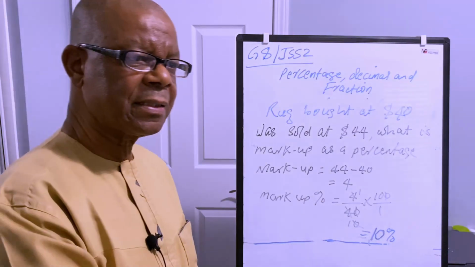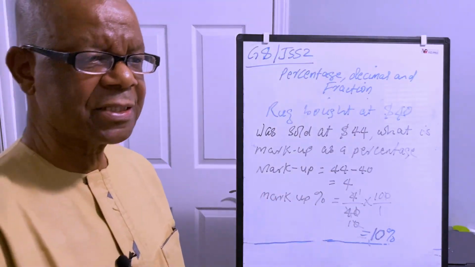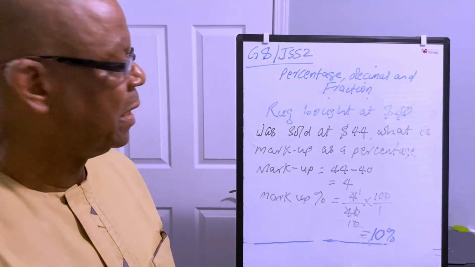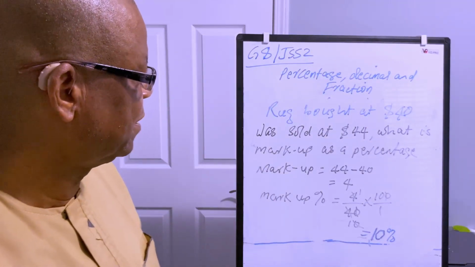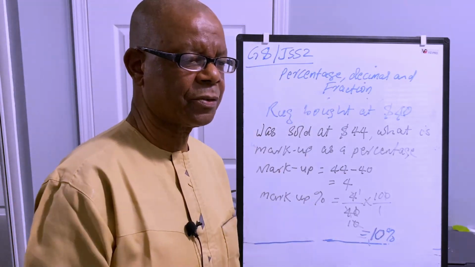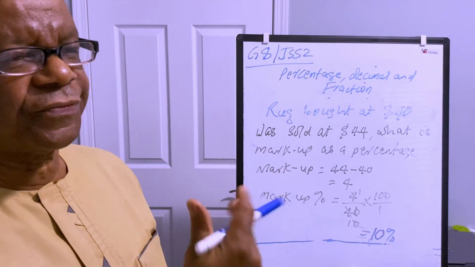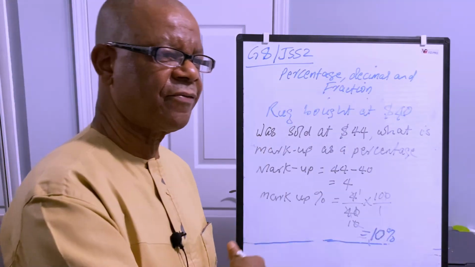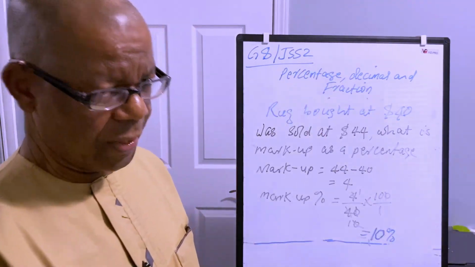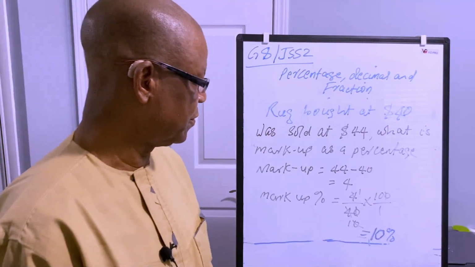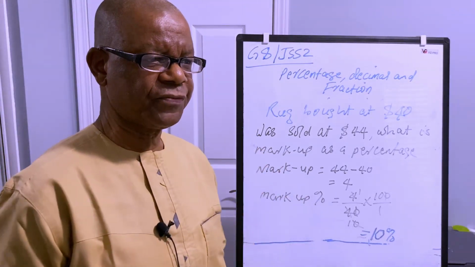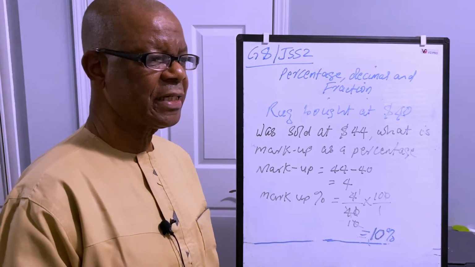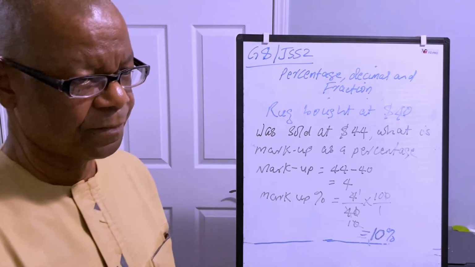We stated some percentages, their value as a decimal fraction, and also their value as an ordinary fraction, and took some examples where we were expected to find a percentage, or to find the ordinary value when given a percentage value. So this is our discussion for today: percentage, decimal, and fraction.